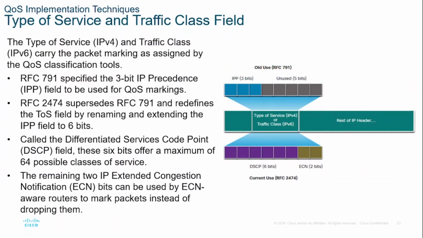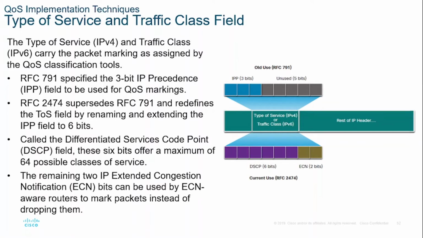The type of service and traffic class field carry the packet marking as assigned by the QoS classification tools. The field is then referred to by receiving devices which forward the packets based on the assigned QoS policy.